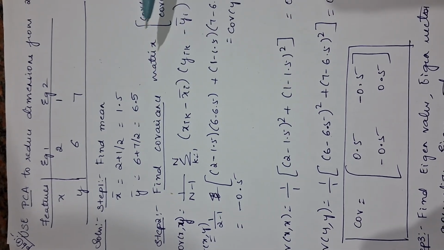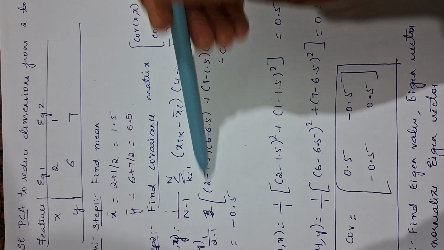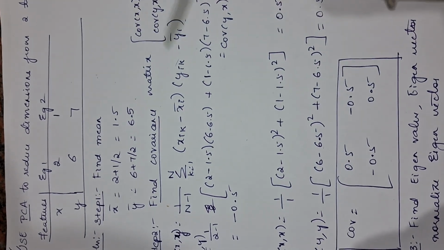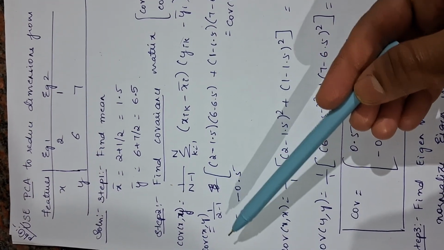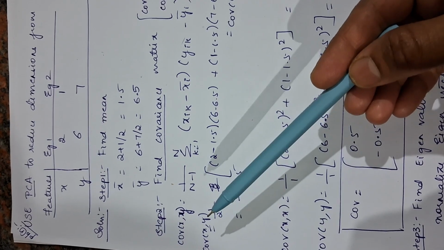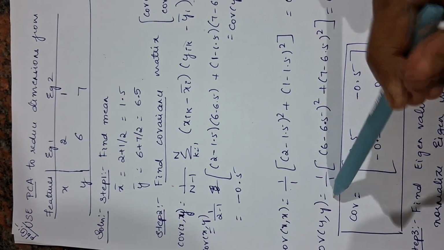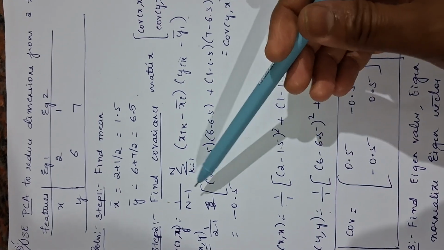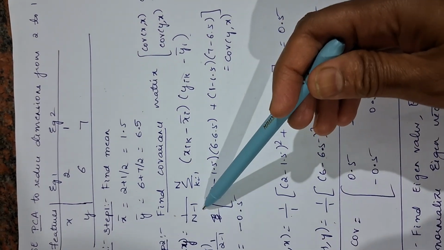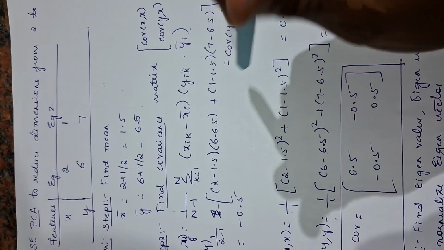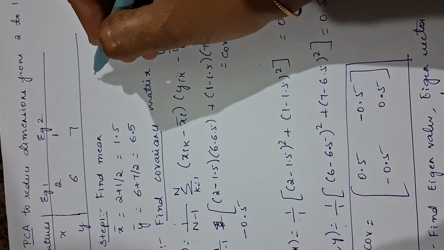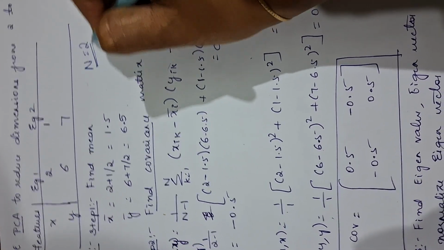Step 2, find the covariance matrix, and this is the formula of the covariance matrix. Now you have to find covariance of x comma y, which is the same as covariance of y comma x. You have to find covariance of x comma x and covariance of y comma y. So covariance of x comma y is what? N in this case is 2, because I just have 2 samples.